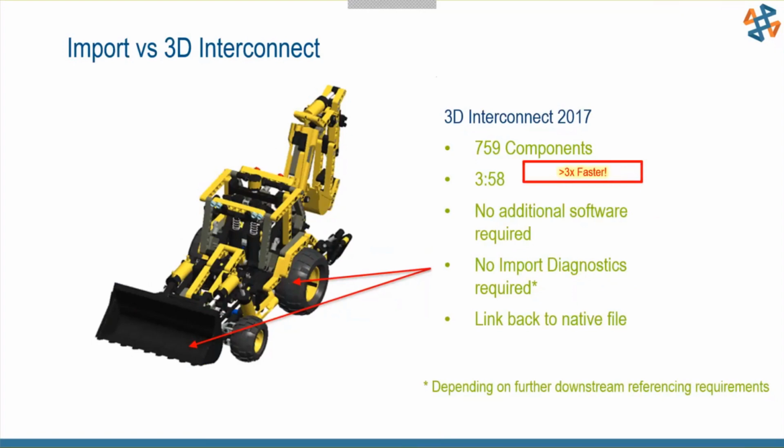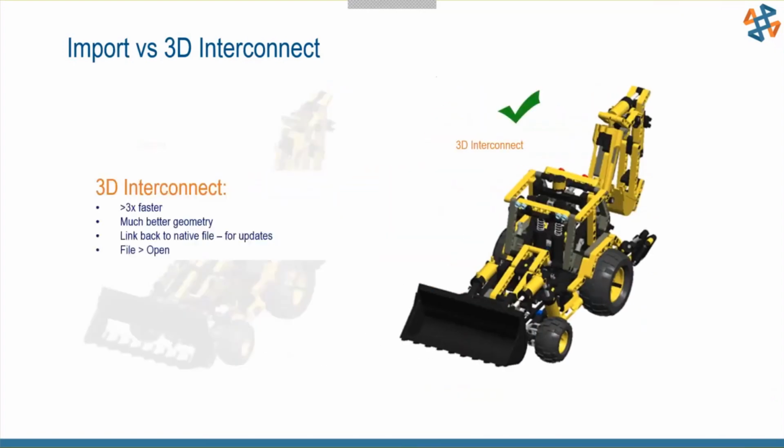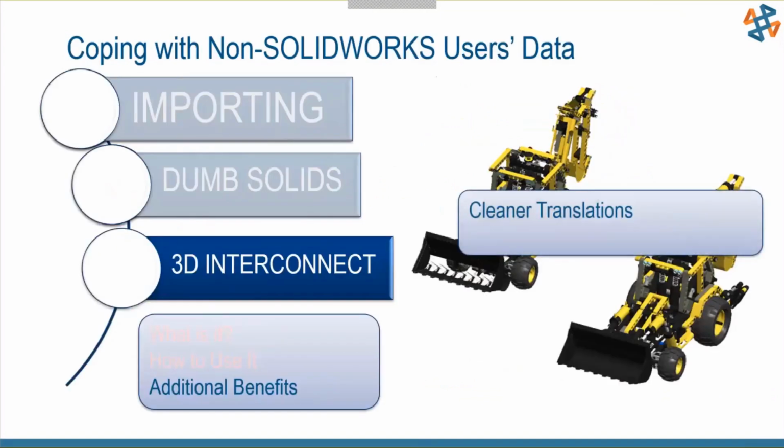And it also has links back to that native geometry. So oftentimes, for most cases, 3D Interconnect is definitely the way to go. A lot faster, better geometry, and you've got the link back to your native geometry. So a lot of times you'll get cleaner translations and faster translations.